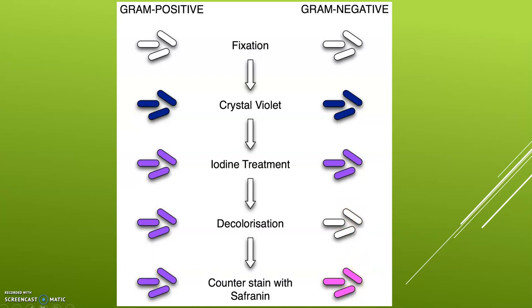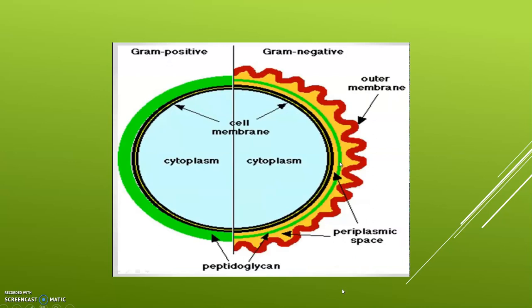So after the procedure, gram-positive bacteria will be purple colored and gram-negative bacteria will be pink colored. That is how we differentiate between these bacteria.